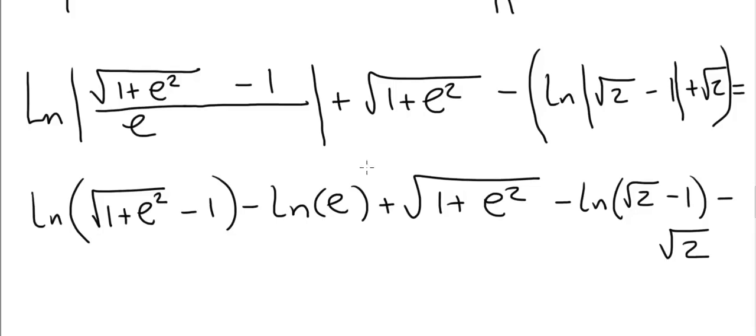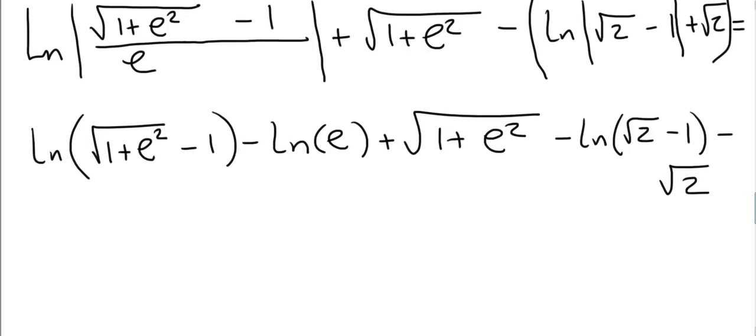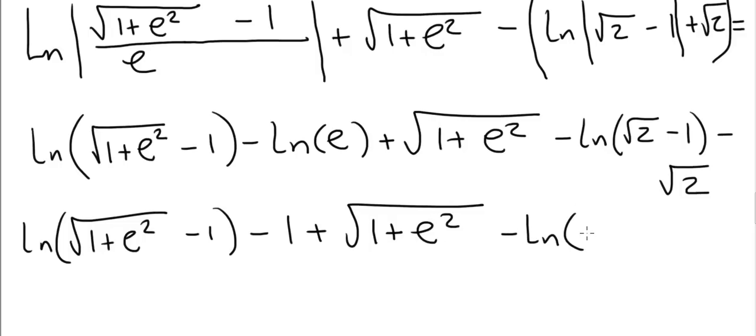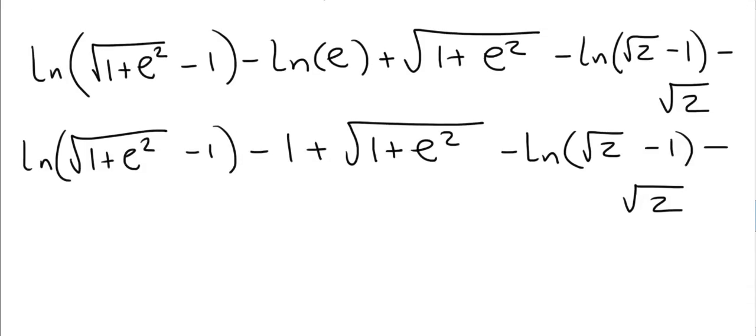And one thing we can simplify: the natural log of e is 1, and we can write the final answer as the natural log of the square root of 1 plus e squared minus 1, plus the square root of 1 plus e squared, minus the natural log of the square root of 2 minus 1, minus the square root of 2. You can plug all that into your calculator and get a numerical answer.